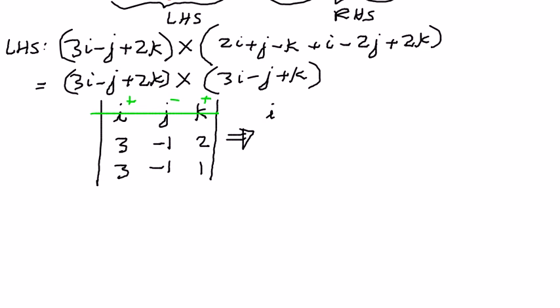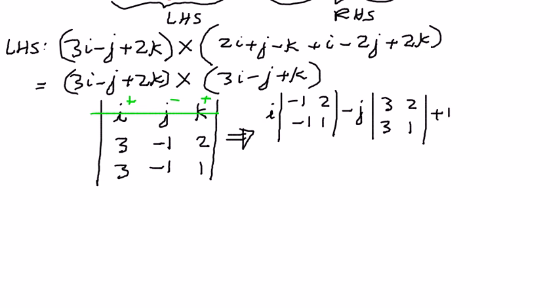Okay, having said that, we're going to expand this. i, the minor of that is -1, 2, -1, 1, and then minus j, the minor of that, which is going to be 3, 2, 3, 1, and then plus k, the minor of that, which is going to be 3, -1, 3, -1.